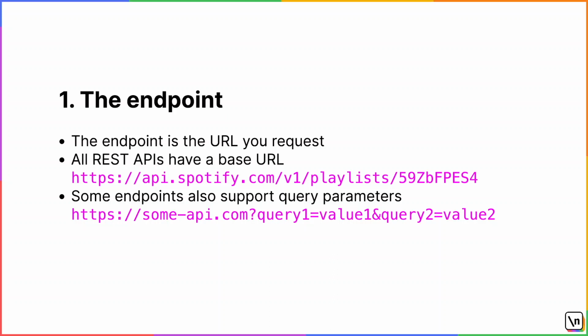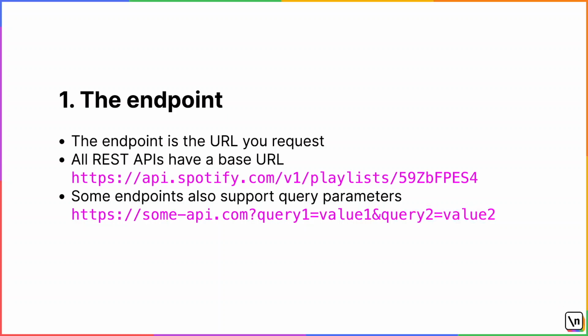They always come after the main URL you're requesting and begin with a question mark, right here. Each key value pair is specified with an equal sign, and each parameter pair is separated with an ampersand. So query 1 and value 1 is one pair, and query 2 and value 2 is another pair. Query parameter values can sometimes be a list of things, and in these cases it's common to use comma-separated lists.